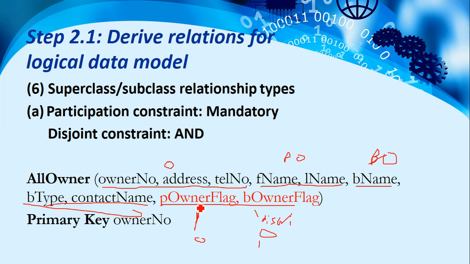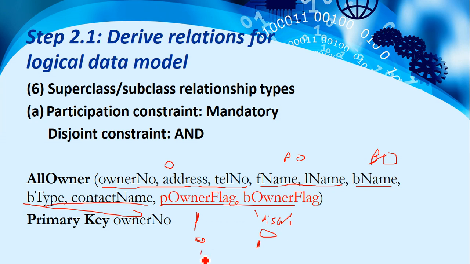1 meaning yun, ito yung that's the type of owner siya. 0 meaning hindi siya ano. So yun nga, pag 1, 0, 1 yung P owner flag, 0 yung B owner flag, so private owner yung in-insert ko na dinagdag ko na owner. Pero pag 0, 1, 0 yung P owner, 1 yung business owner, business owner yung in-insert ko na panibagong record.